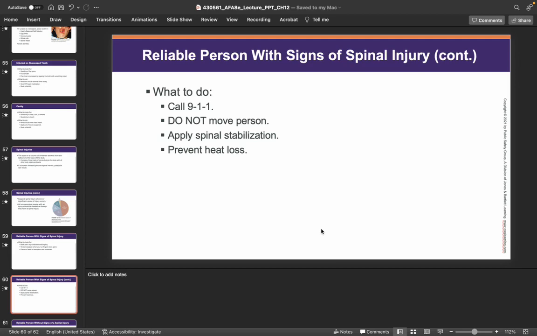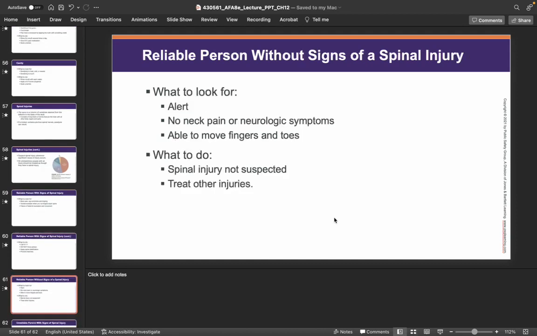All right. So if somebody is exhibiting these signs of a spinal injury, call 911 and do not move them. We want to hold them in C-spine, which means we are holding their head still to prevent their neck from moving. Okay. And then we're going to also monitor for signs of shock by preventing heat loss and watching for those other signs.